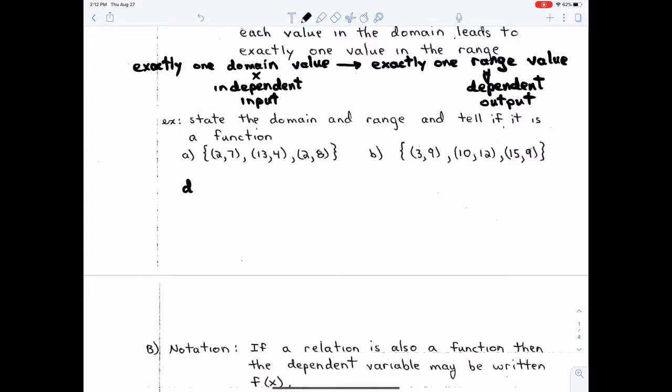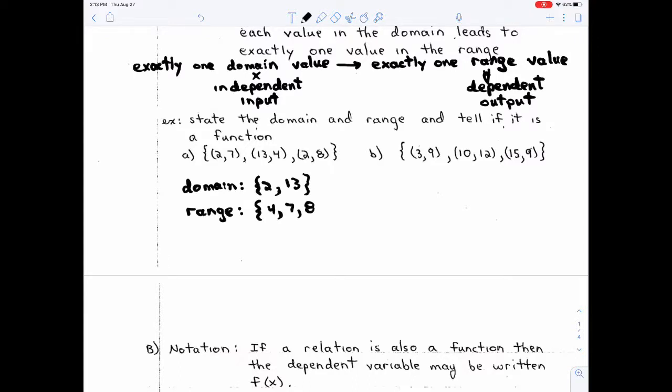Okay, so what's the domain here? The domain is 2 and 13. We don't need to list the 2 twice. What's the range? The range is 4, 7, and 8.